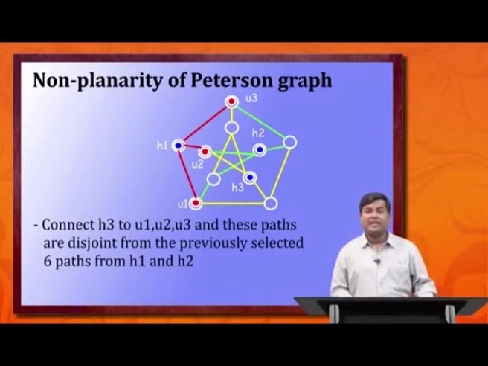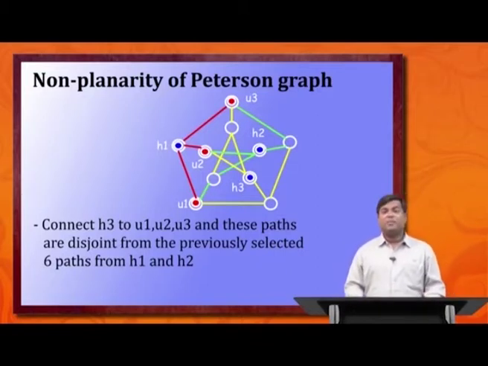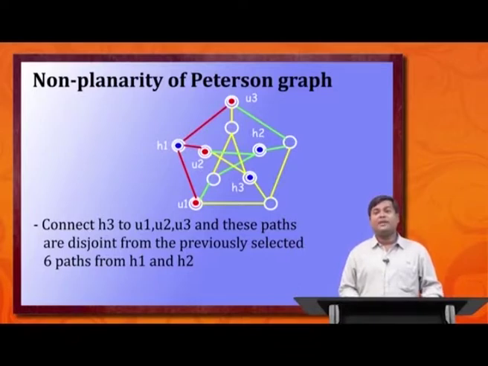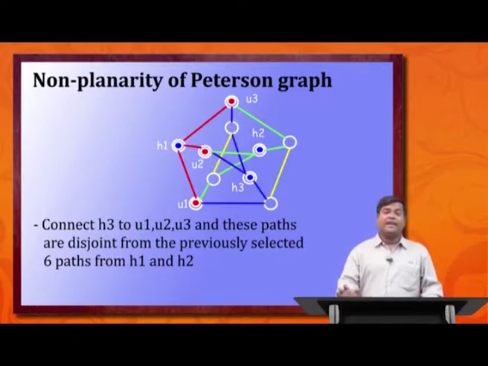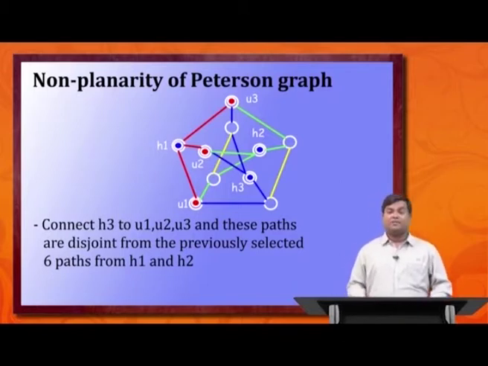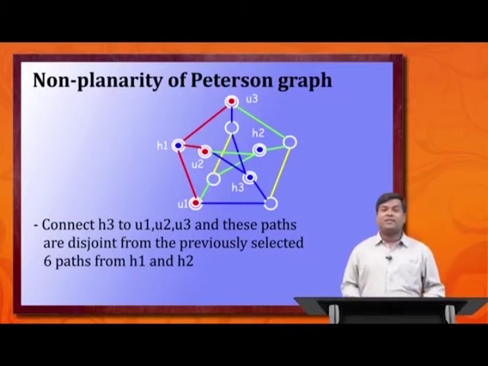And while finding those paths, we need to remember that these paths should be different from the previous 6 paths which we have already selected. So we have again found the paths from H3 to U1, U2 and U3, and I have colored them in blue to identify them separately.